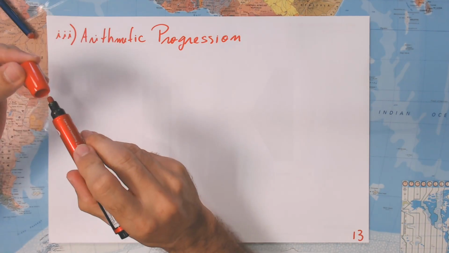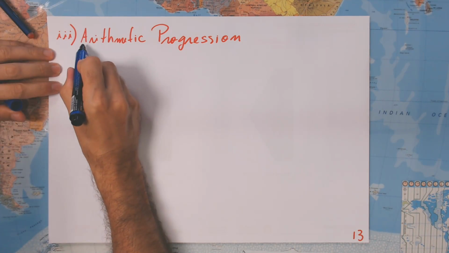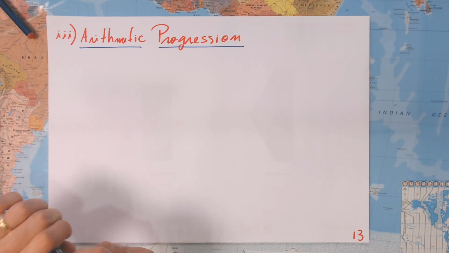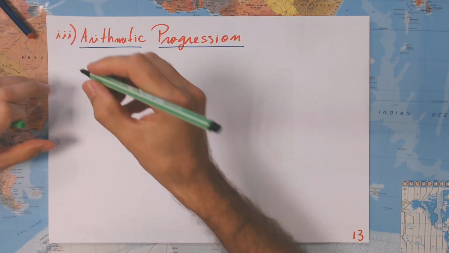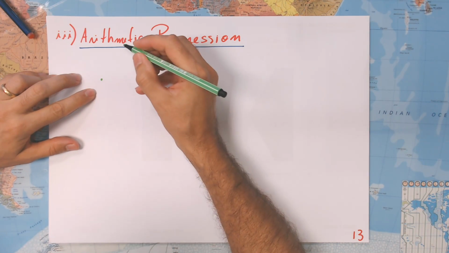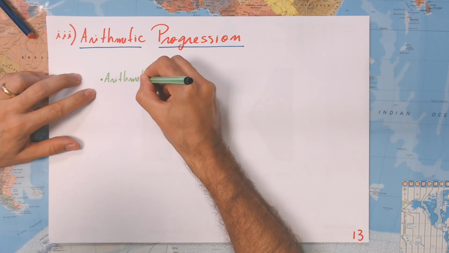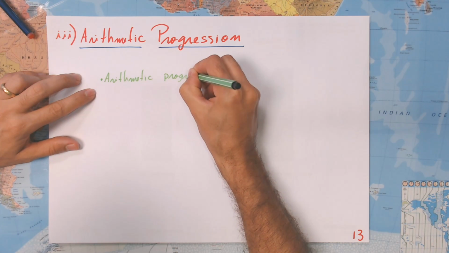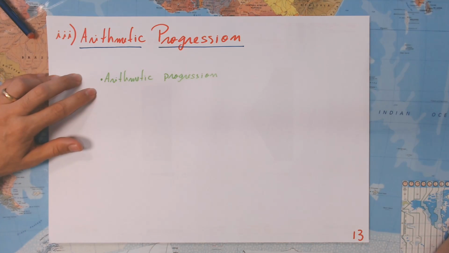Well, before I start actually telling you about arithmetic progression, I'm going to tell you the three types of progression that we have. The first one, the most simple one, is the arithmetic progression. This is the first type we have.